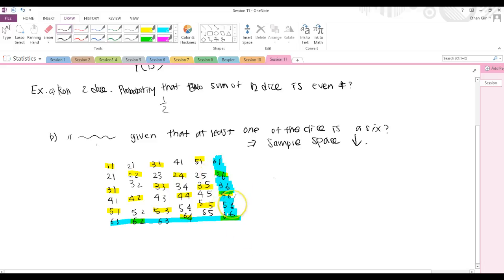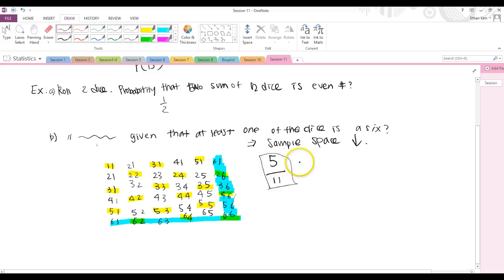And we want even and with the 6. So within the blue, we're looking for the yellow, right? 1 2 3 4 5. So the answer is 5 out of 11.